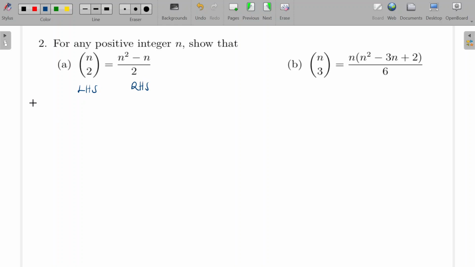So starting with a, it's going to be n combination 2, supposed to be equal to n squared minus n over 2. So we've identified which side is the left hand side and which is the right hand side.